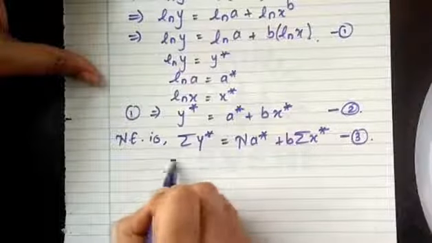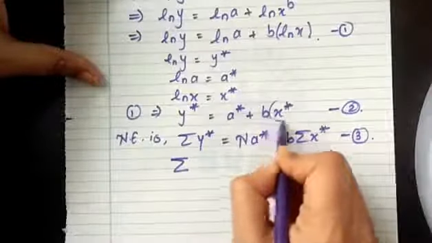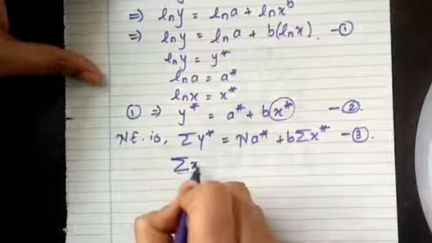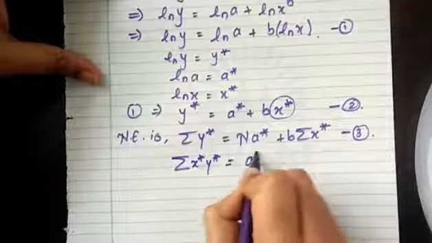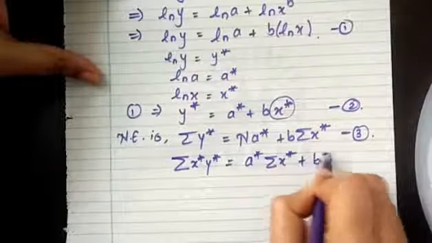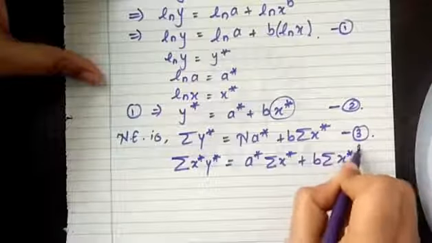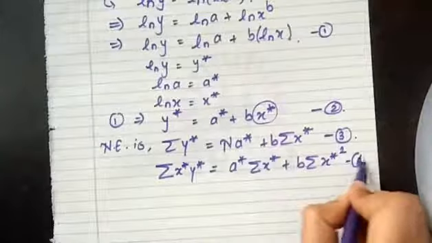So one more normal equation is, as there is x star instead of x, we have to multiply by x star: summation x star y star is equal to a star summation x star plus b summation x star square. This is your equation number 4.